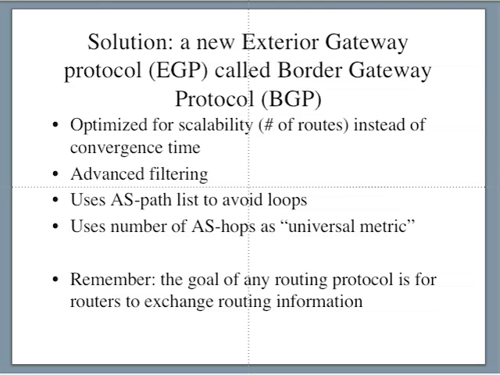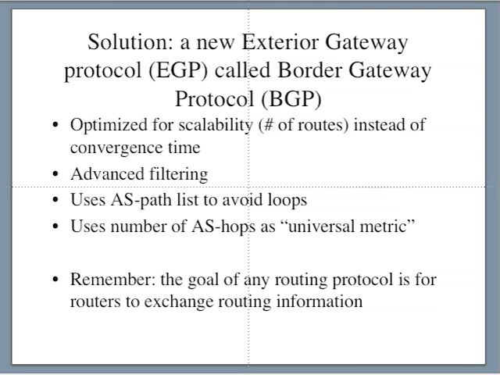Border Gateway Protocol uses an autonomous system path list to avoid loops. So in the route information, it keeps track of which autonomous systems a route has passed through to get to you, in a list. That way, if a router is in autonomous system 65,000 and it sees that autonomous system 65,000 is already in the autonomous system path that it receives in a route, then it knows that if it accepted that route, it would be a loop.